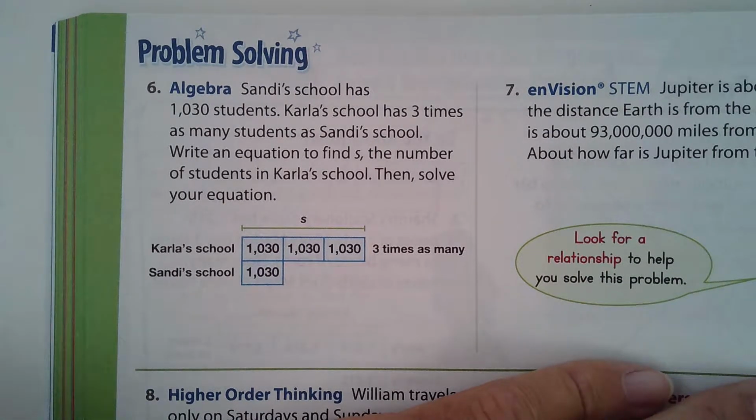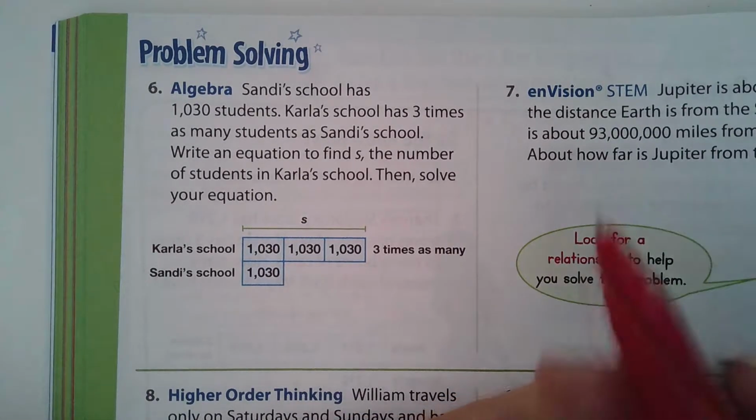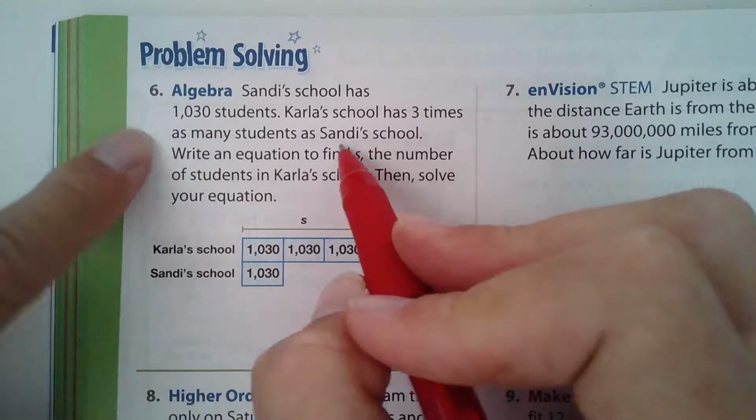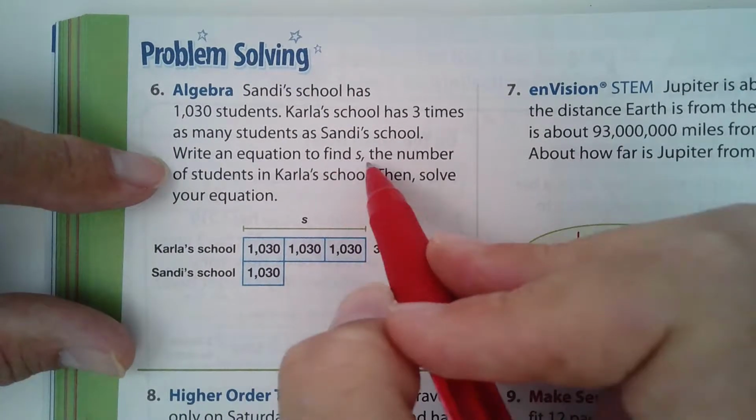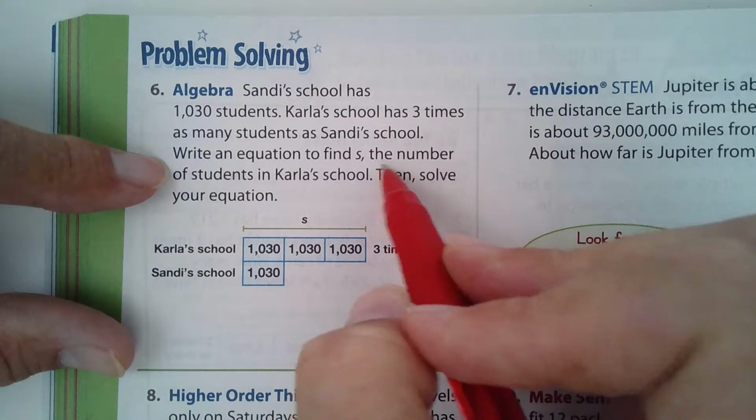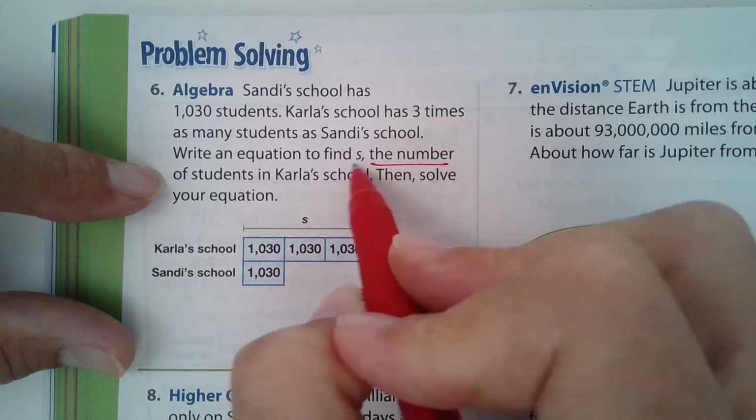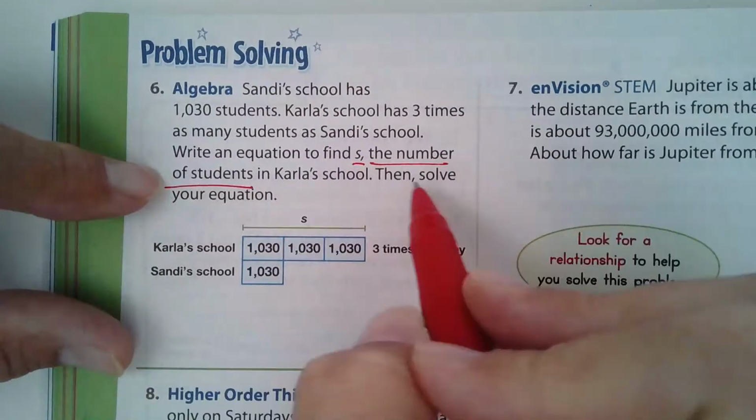Sandy's school has 1,030 students. Carla's school has 3 times as many students. Write an equation to find S, that's the number of students, in Carla's school. Then solve your equation.